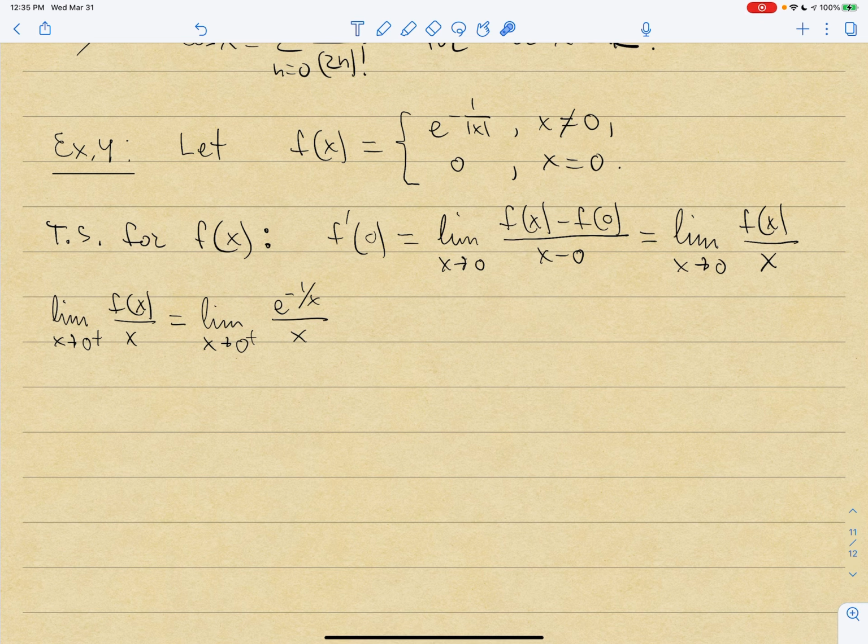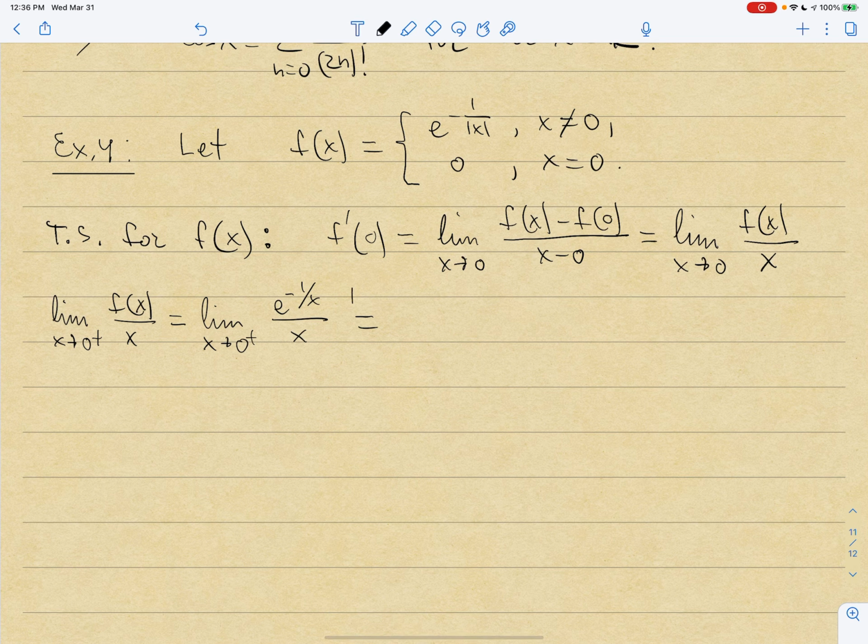And so what I got is an indeterminate form, 0 over 0. Well, one thing that I can try to compute this limit is L'Hopital's rule. So let's see what we will get.